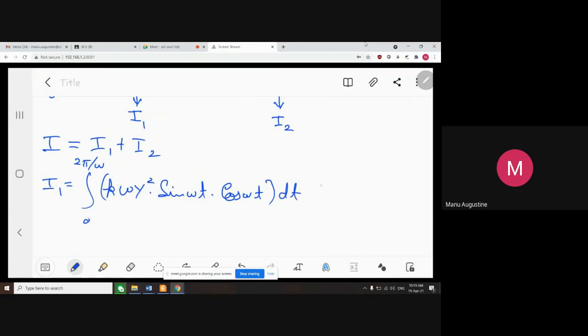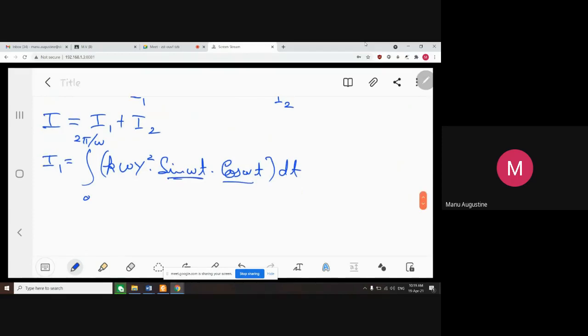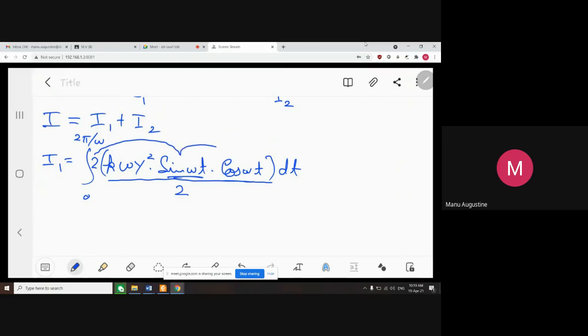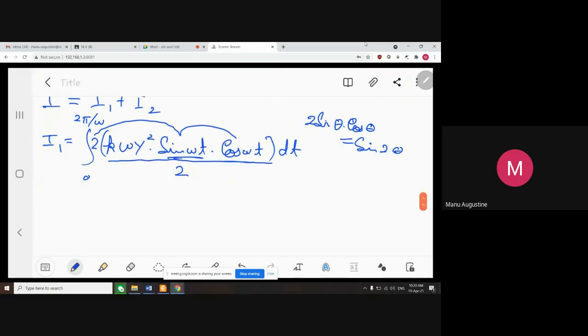Now you see, whenever you get a trigonometric expression with cos theta and sin theta getting multiplied and you have to integrate it, the easier way to go about performing this is to convert it into a structure like this. So I am multiplying and dividing by 2. So we know there is a standard trigonometric identity. What is 2 sin theta cos theta? This is equal to sin 2 theta. So using this trigonometric identity, I am going to convert this.